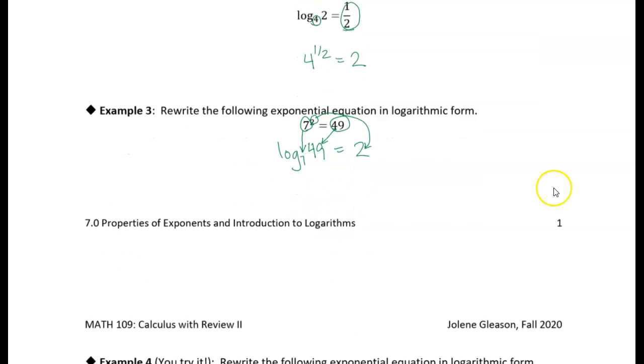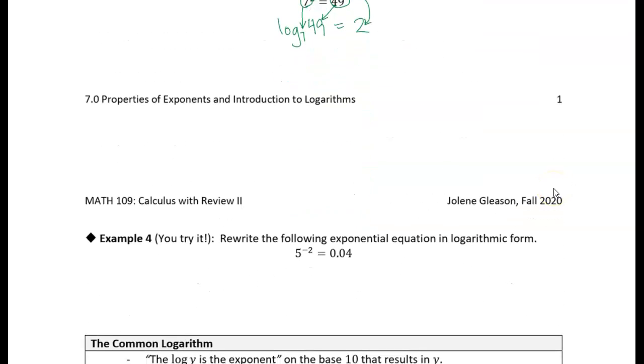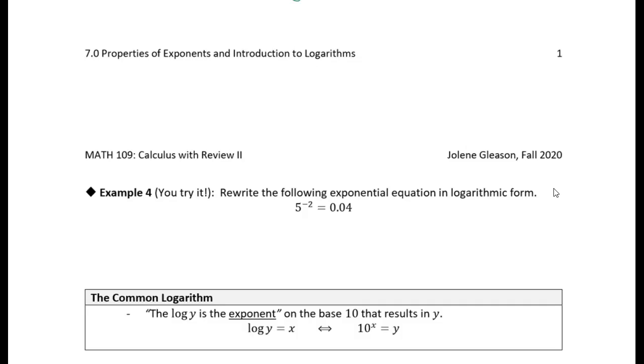There's one more here in this set of examples that, again, you can pause the video and try on your own. Try rewriting this exponential equation in logarithmic form. Hopefully you've tried it, so let's take a look.